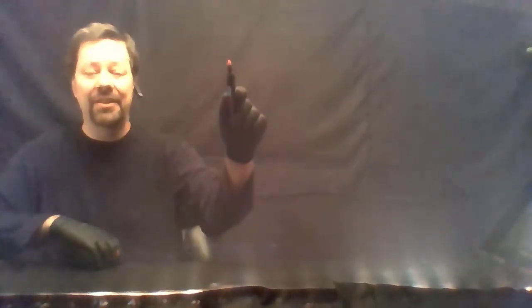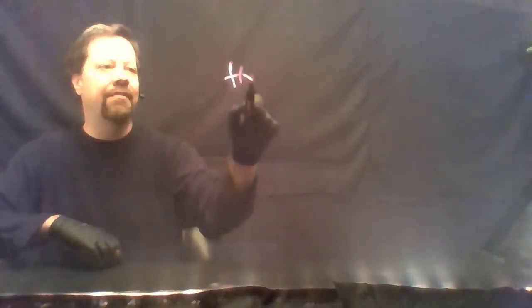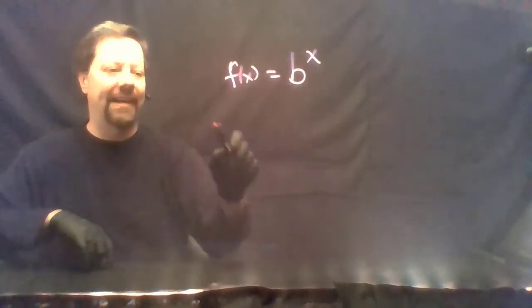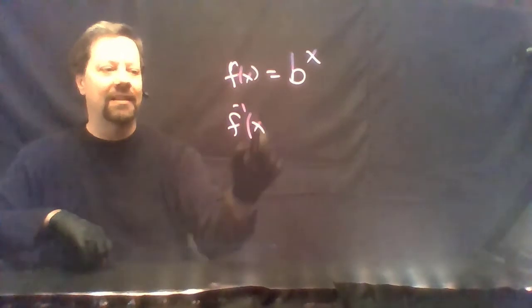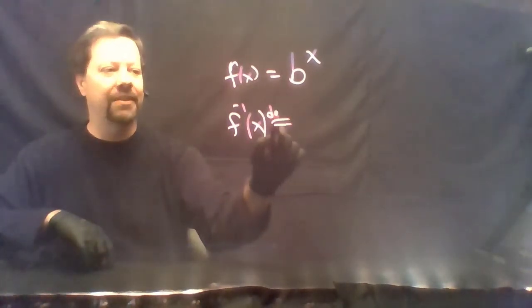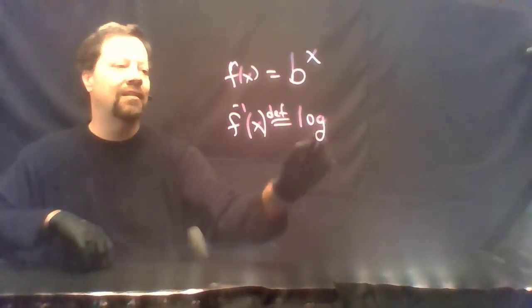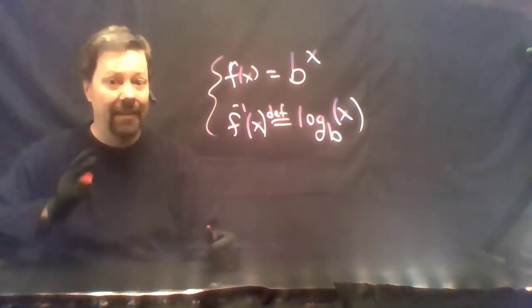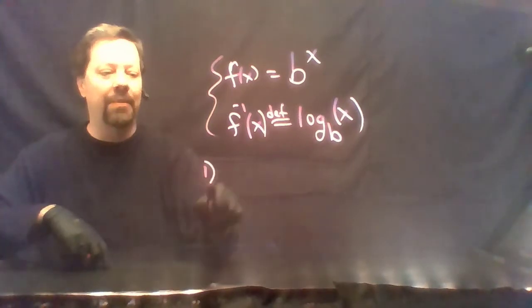By definition, if you have a function f of x, which is b to the power of x, its inverse is, by definition, log base b of x. This means the following two properties hold.